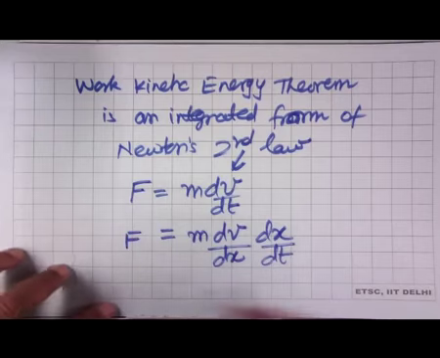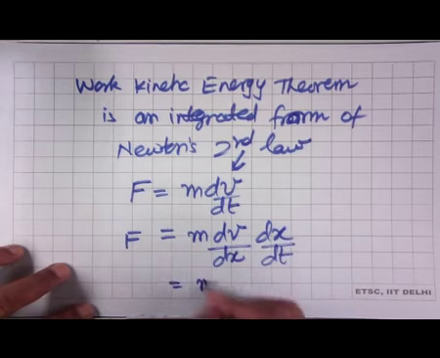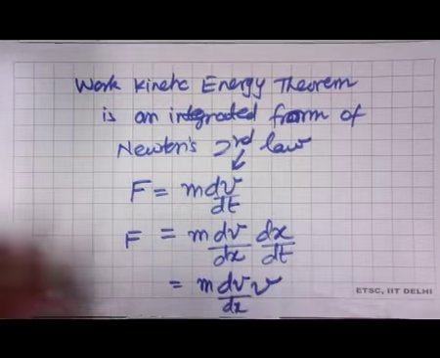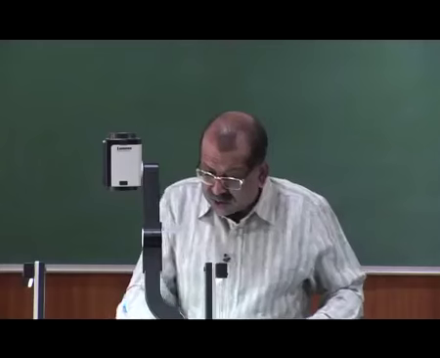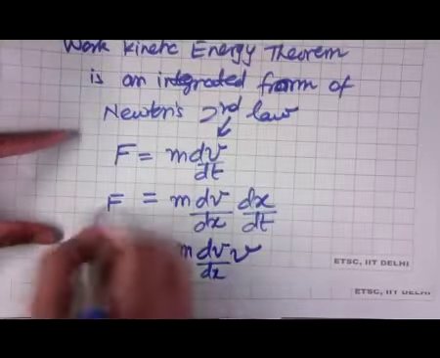Now here, dx by dt we can write as v, so we have m dv by dx times v, and then we take the dx to the other side.